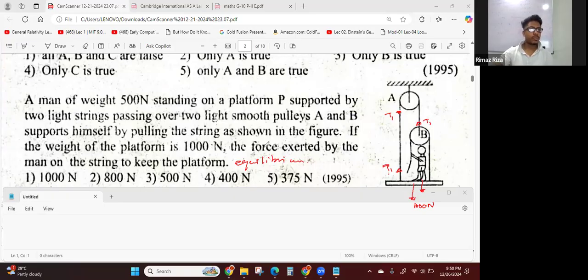So the man's weight is 500, so this one is 500. And let's mark this tension T2. Here also T2. So the force acting vertically upward on the man's hand is also T2, by the string.